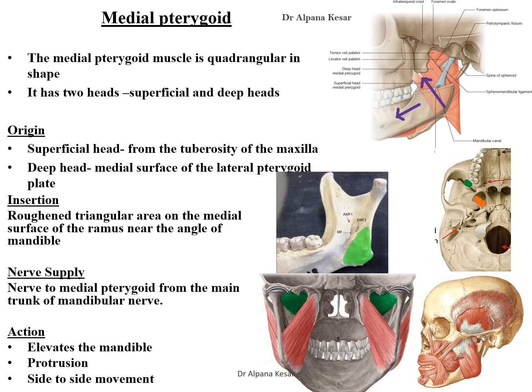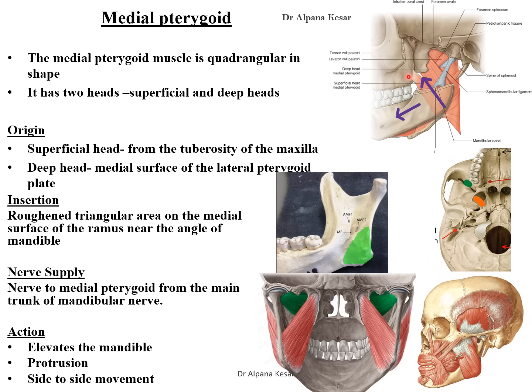Medial pterygoid muscle. Medial pterygoid muscle is a quadrangular shaped muscle which is present on the medial surface of the ramus of the mandible in the infratemporal fossa. It has two heads, the superficial head and the deep head.